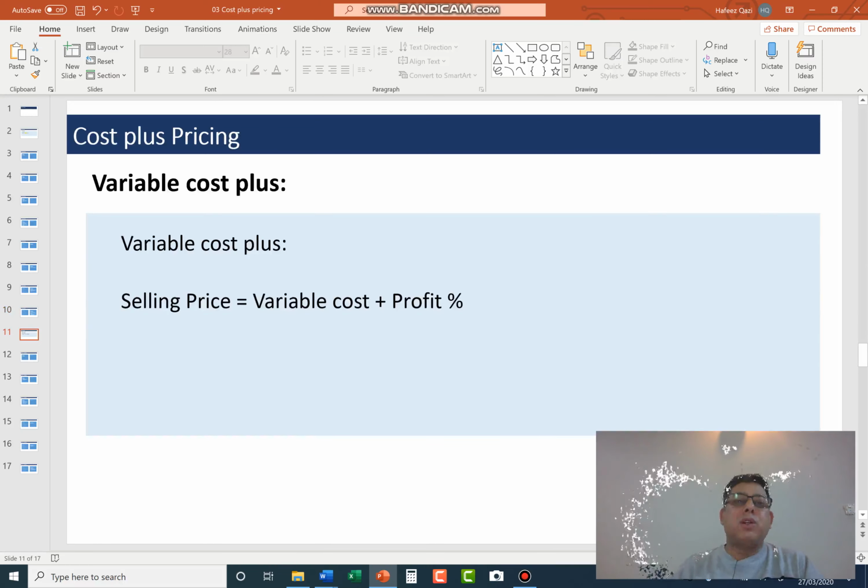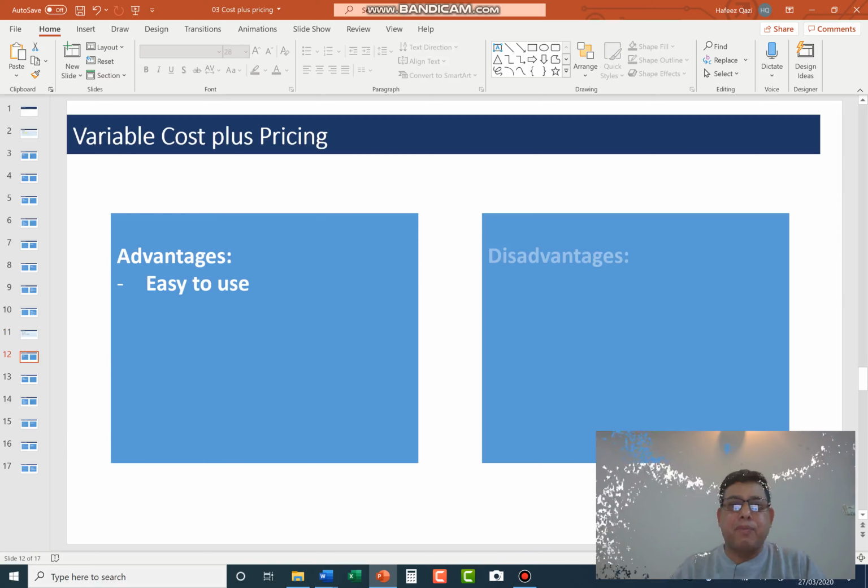Now we can move on to the cost plus approach to pricing towards variable cost plus. It's very similar to full cost plus, the only difference is that the cost does not include the fixed overheads. We only consider the variable cost. So the benefits and disadvantages are very similar, apart from the fact that variable cost plus pricing can be used in making decisions as well.